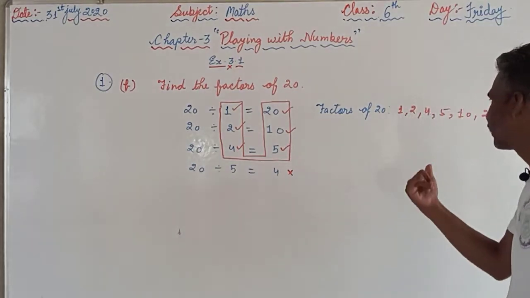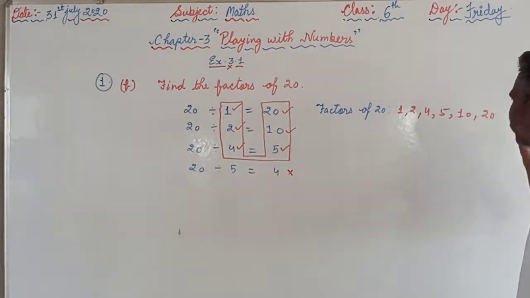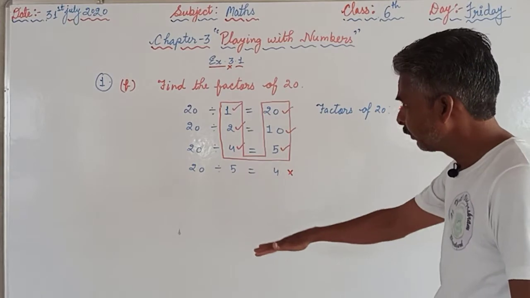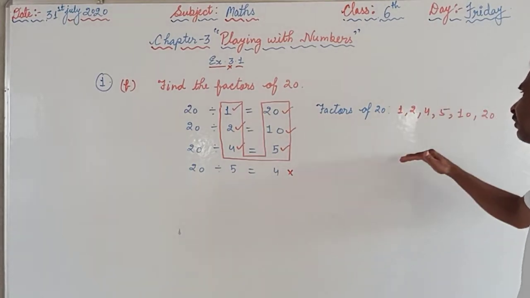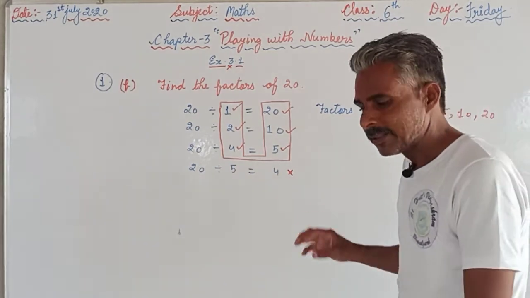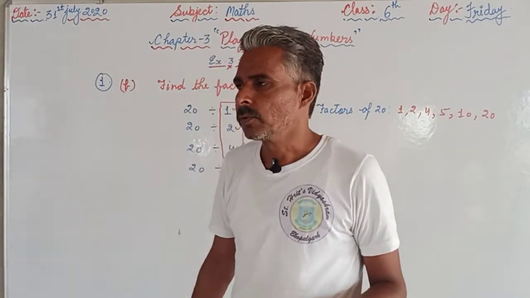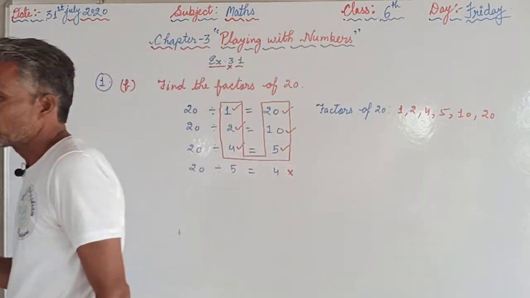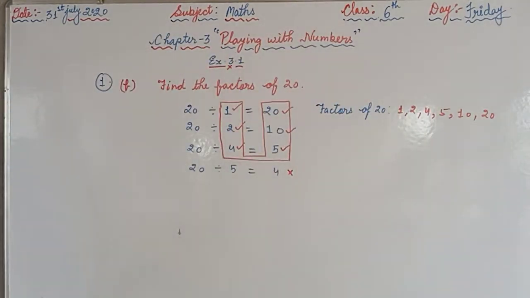We can skip any number, or we can write 1, 2, 5, 10, 20. If we follow this method, each and every factor will be there and they will be arranged in ascending order, which looks good. So I hope that you have understood, and you can now find the factors of all the numbers given in question number 1.